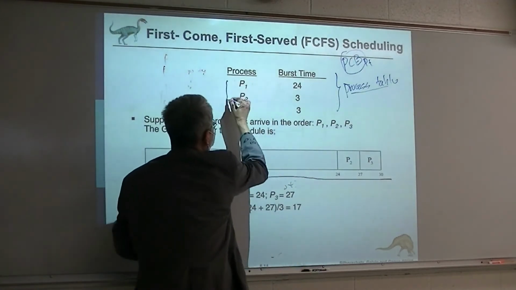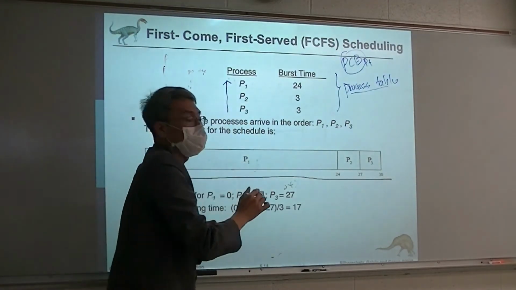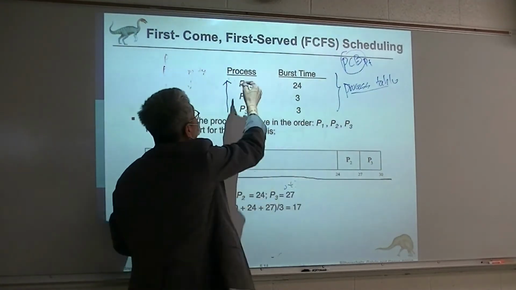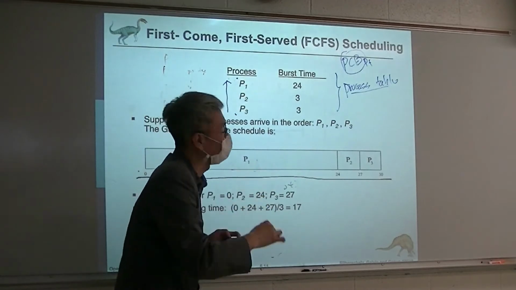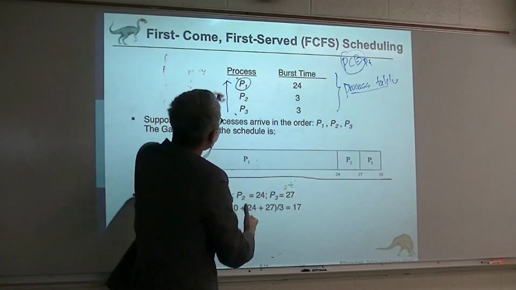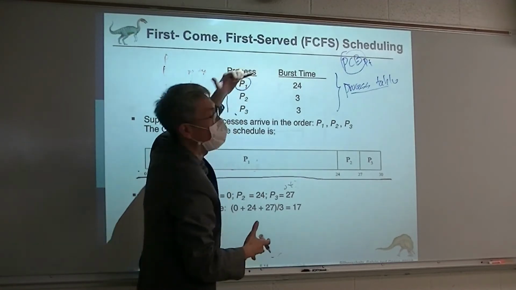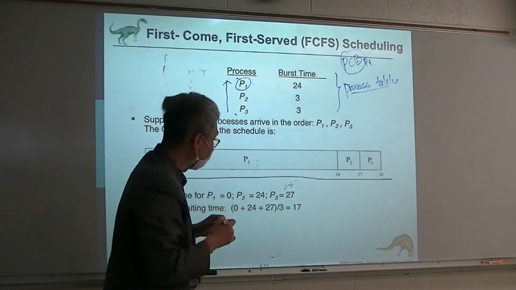Then this is the queue, first in, first out. The one that entered first is at the top. Then P1 will be selected like that.